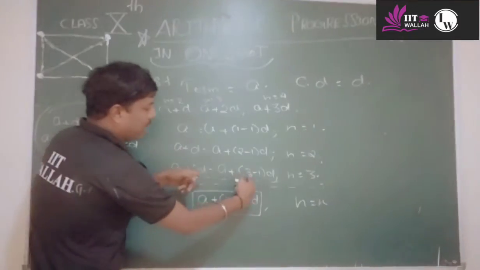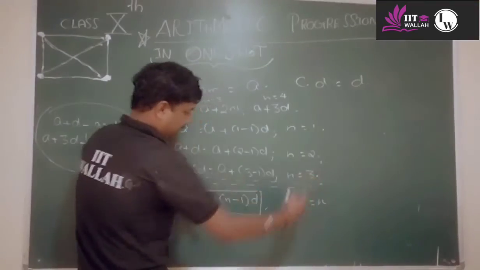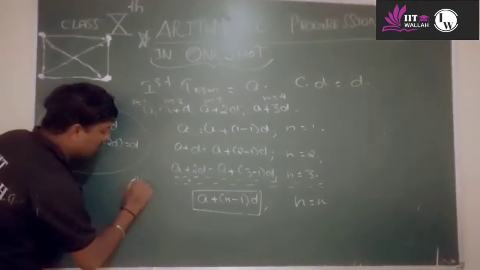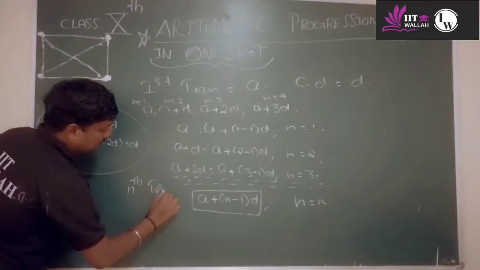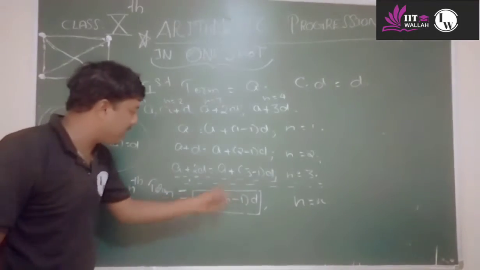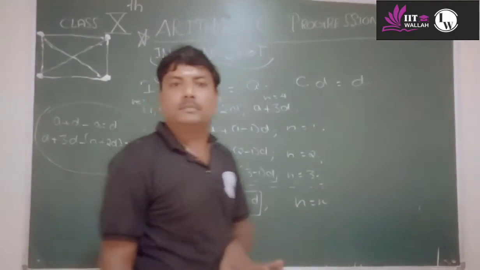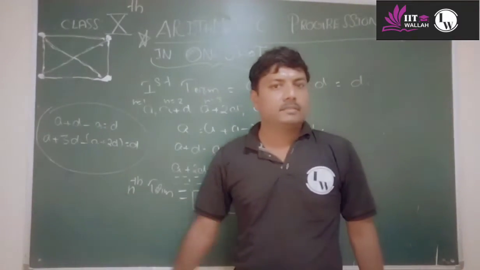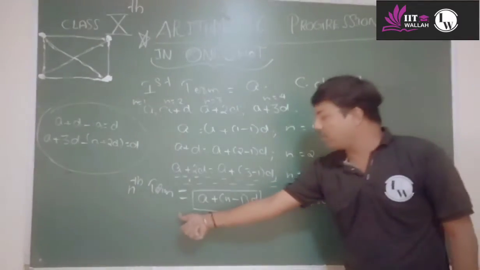A plus 3 minus 1 into D, n equal to 3. Okay? That means the nth term of an AP, or the general term, is nothing but A plus n minus 1 into D. Clear? You understood how it came? Clearly? Yeah, very good. So, you can note it down.